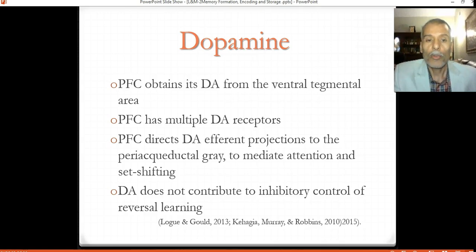Now you want to think, how do I reverse my route? How do I come back? You can trace the steps. In that case, dopamine is not involved in reversal learning.